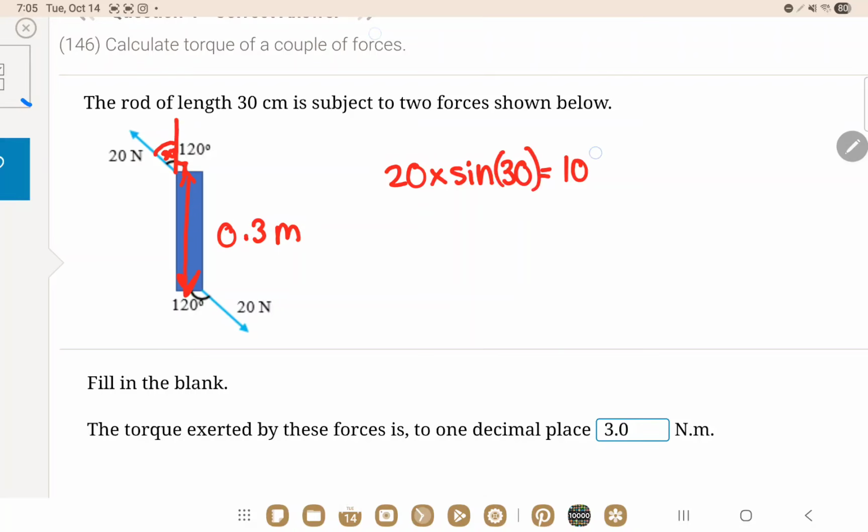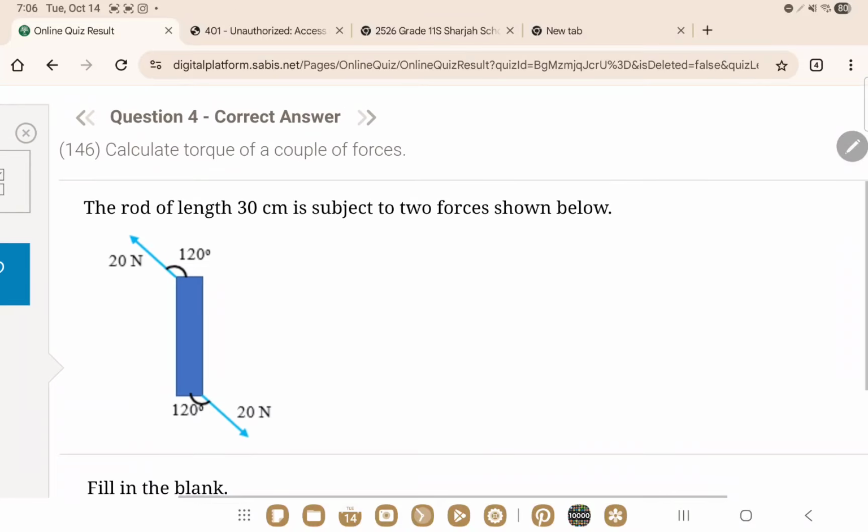Since it gives us 10, 10 is our force. So then you do 10 times 0.3, which is our distance between the forces. You get 3 Newton meters. And that is it. Moving on.